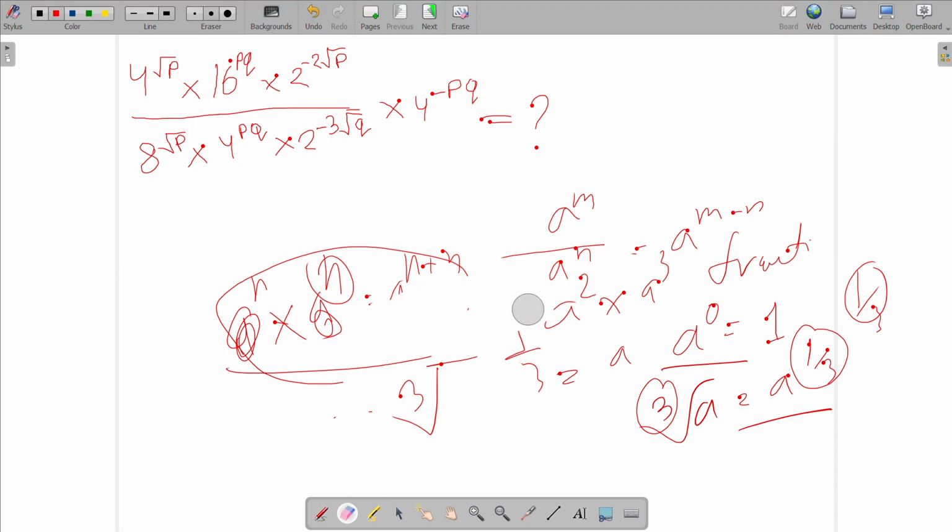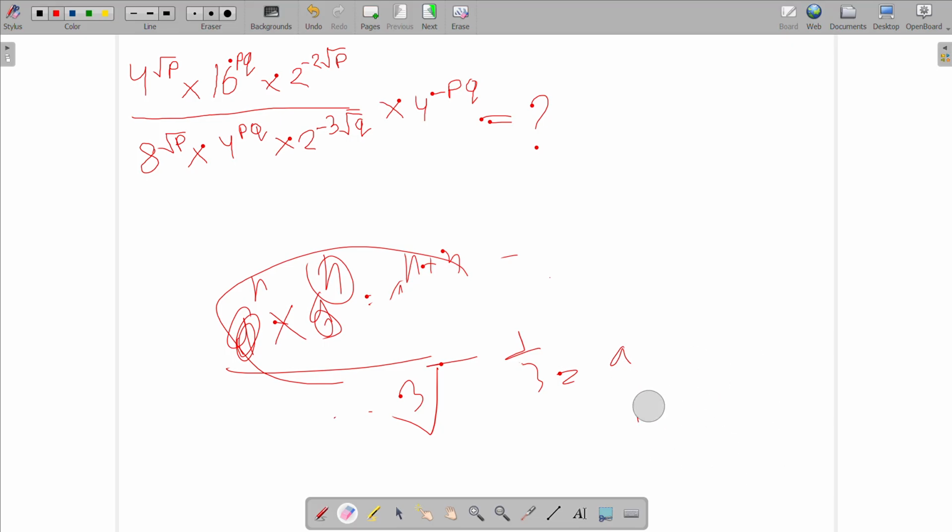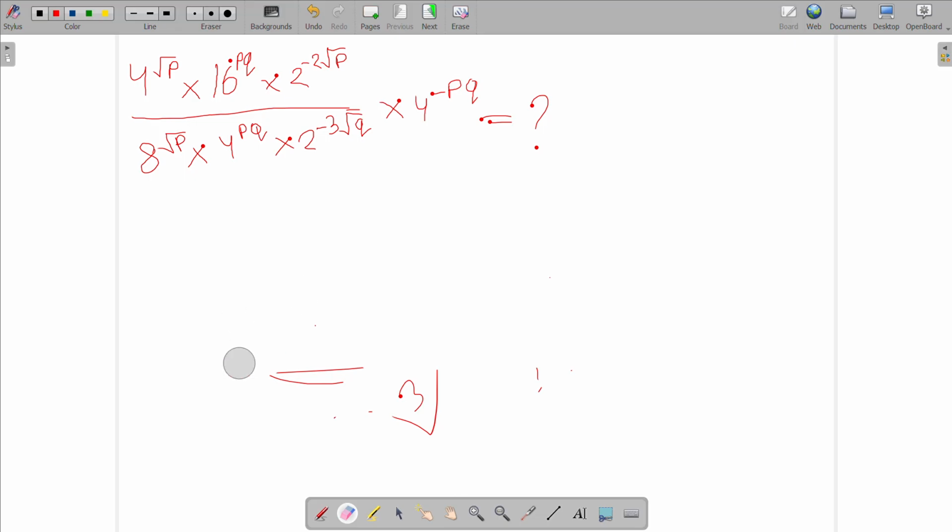Okay, let's do the problem solving. Let's make it a bit clearer. We have 16, and what we know is that the answer will always be 4.